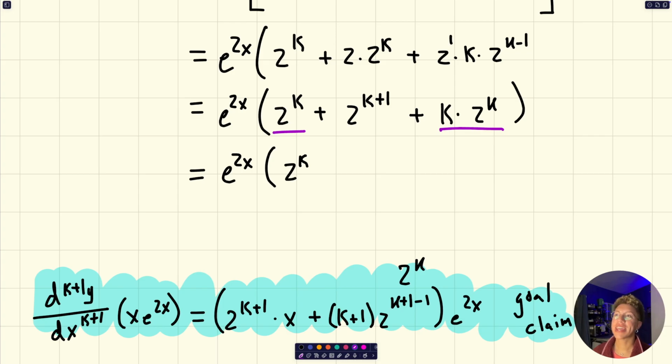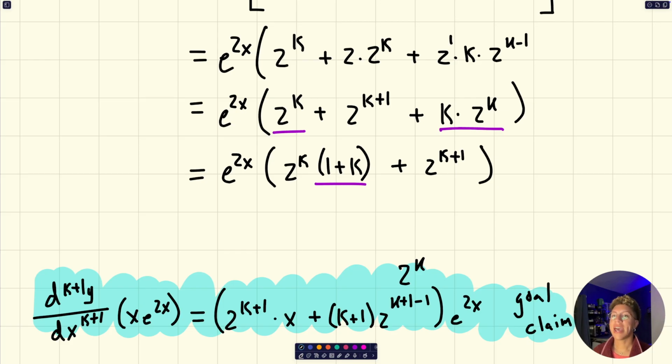And so what we're going to get here is 1 from this first term, and a k from this one. So we get 2 to the k and then 1 plus k, which turns into k plus 1. And then finally we have over here 2 to the k plus 1, and then close parentheses.